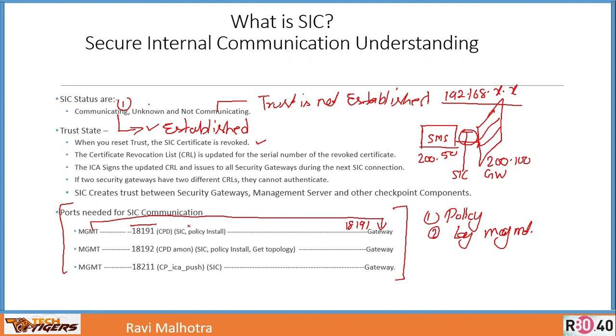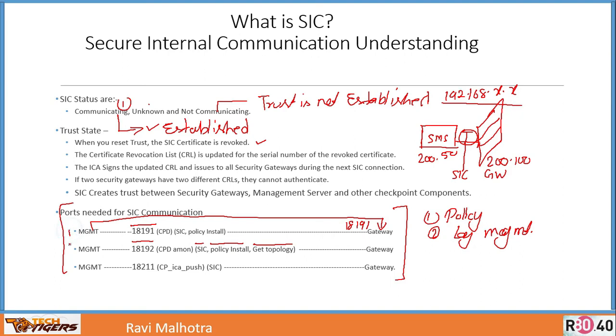Once SIC is established, immediately you will see that the management server will be able to read the topology of the gateway. That means how many interfaces this gateway has, something that we create in a network. That happens over port number 18192. So port number 18192 is a SIC process. It helps in the policy install, and additionally it gives you the topology information of the gateway: how many interfaces are there, which interface is external, which interface is internal, all that information.